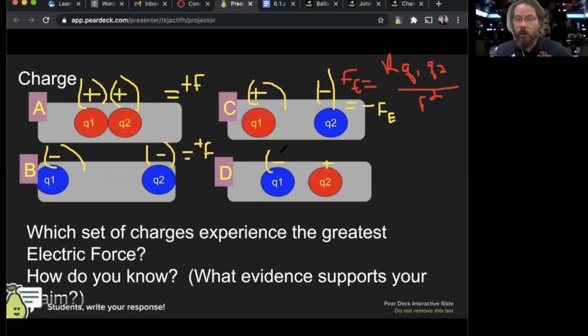Well, let's look at this one. What's a negative times a positive? Still a negative. Now, reaching back to our first unit, or all of our units, what does a negative mean in physics? Anybody remember?